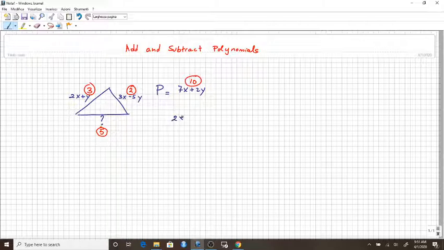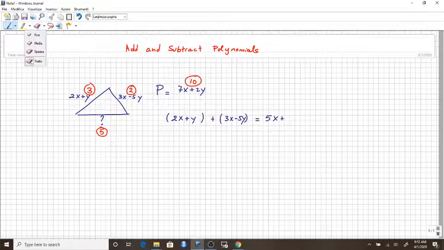So if I add 2x plus y with 3x minus 5y, we end up with 2x plus 3x is 5x, and then, I'm sorry, I forgot the y, so y minus 5y is negative 4y.